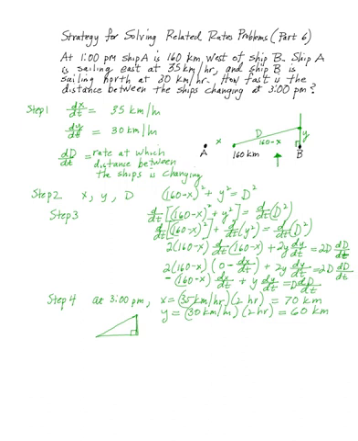So at 3 p.m., this is the right triangle freeze-framed in time at 3 p.m. Y is 60, and that's kilometers. Now, what's this side of the triangle? What's the horizontal side of my triangle right here?